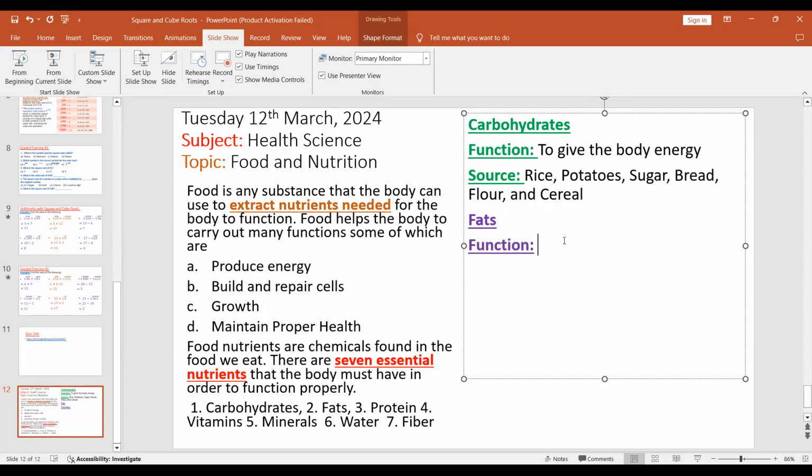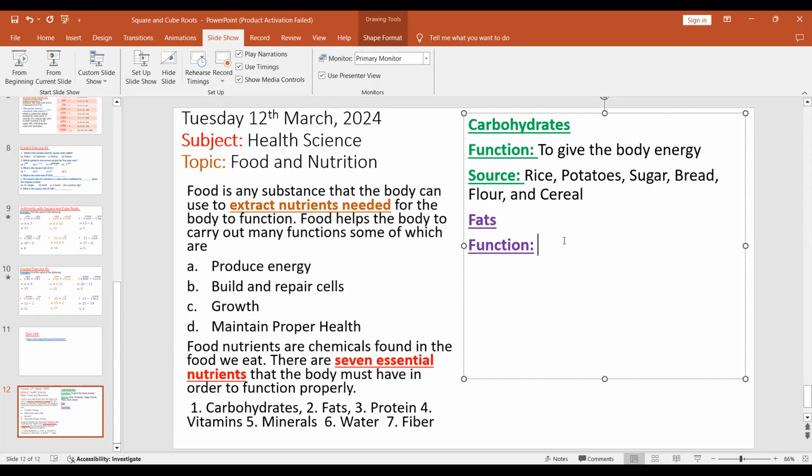I mean, you should know what they are made up of. Carbohydrates is carbon, hydrogen, and oxygen. But those are not the main important things. What I really want us to know is what they do and where we could find them from.